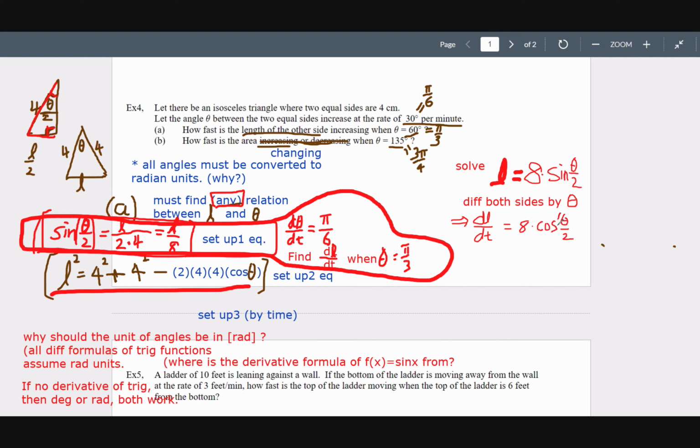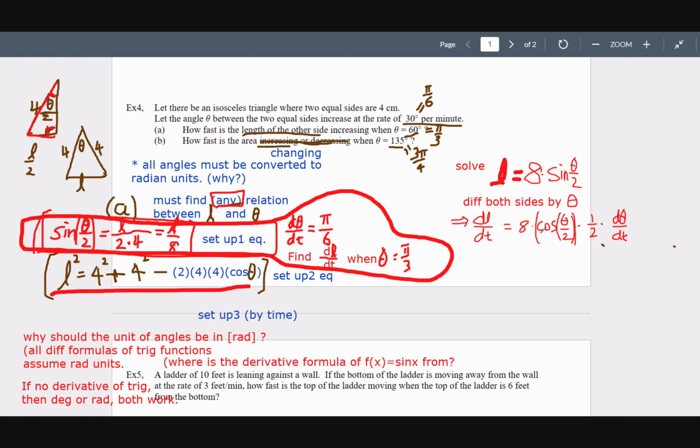And now the derivative of theta over 2 with respect to theta will be half. So we need half here. And then now the single factor times d theta over dt. With this, cosine theta over 2 is over here.